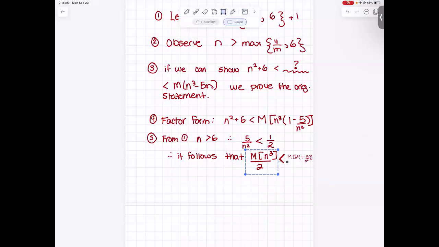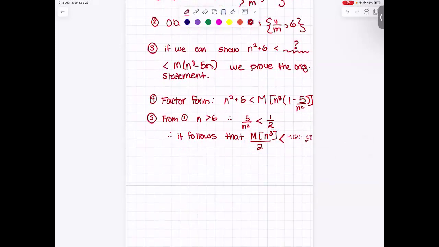So that's great. The other thing we want to be able to say is from 1, n is greater than 4 over m.